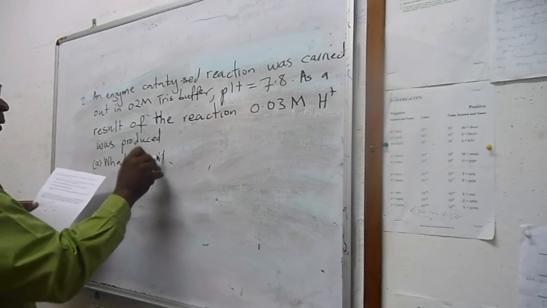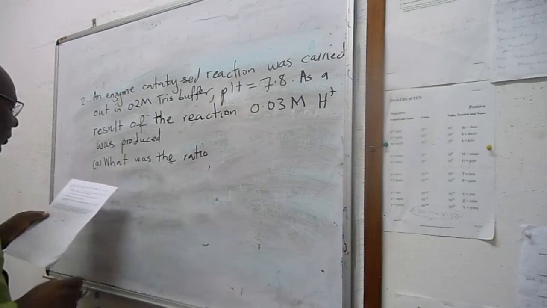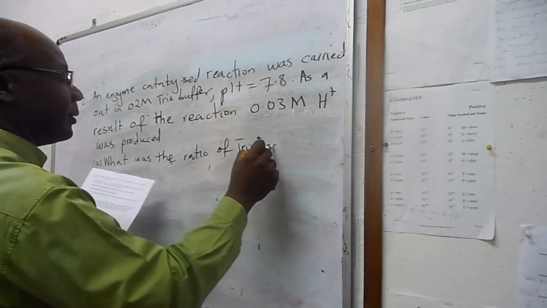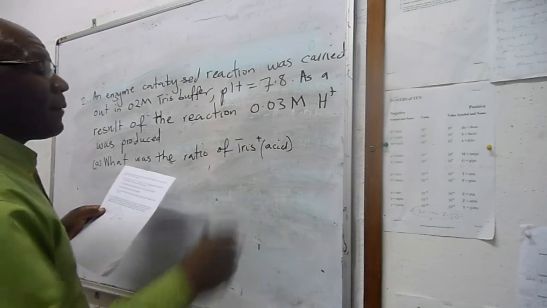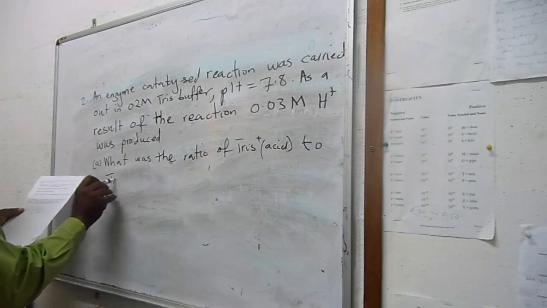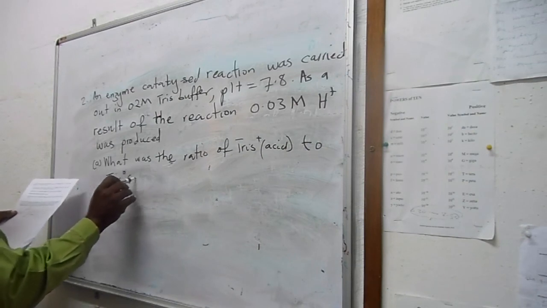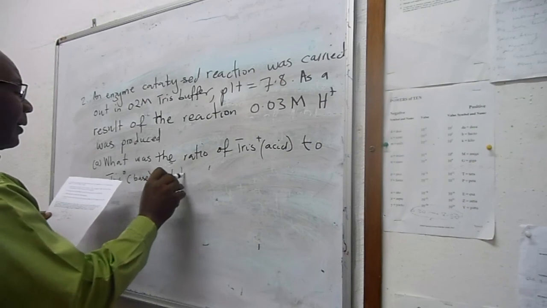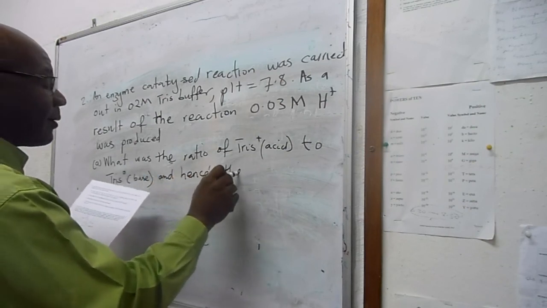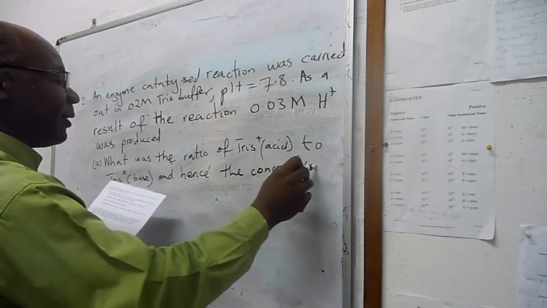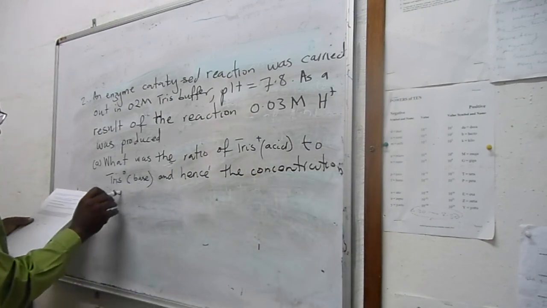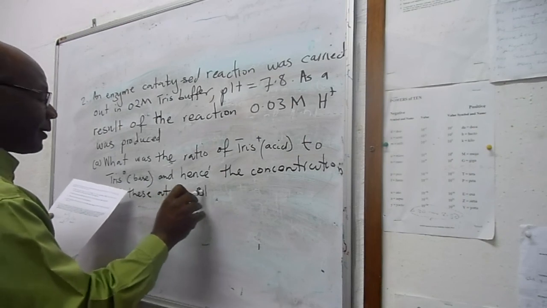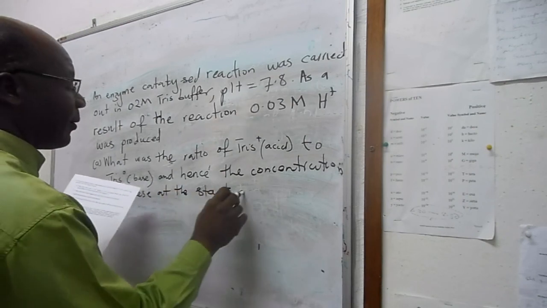A, what was the ratio of Tris-H+ acid to Tris base, and hence calculate the concentration of these at the start of the reaction.